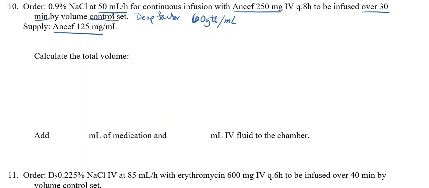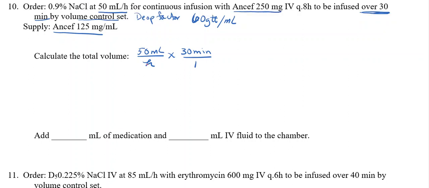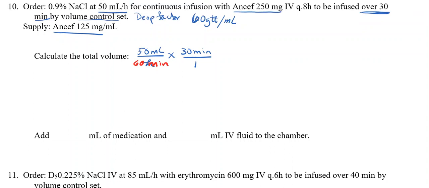And since it's running at 50 milliliters per hour, but I'm only running it for 30 minutes, because it's only to be infused over 30 minutes, then I'm going to change my hour to 60 minutes, which makes it just easier to work with.